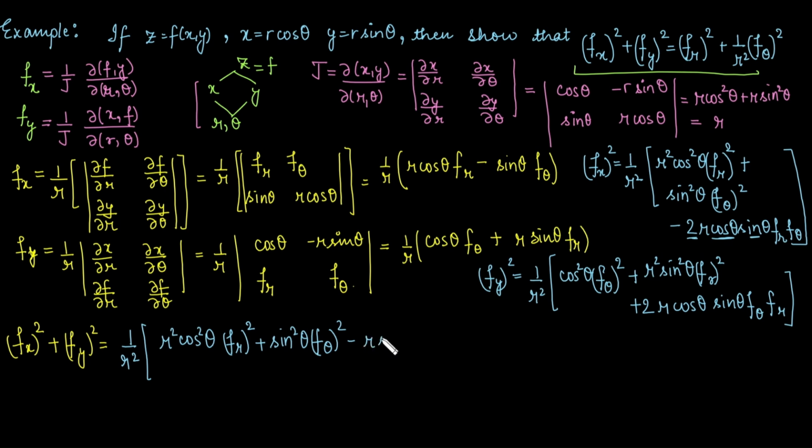We have r sine 2 theta, partial derivative of function with respect to r into partial derivative of function with respect to theta, plus we have taken this term outside.